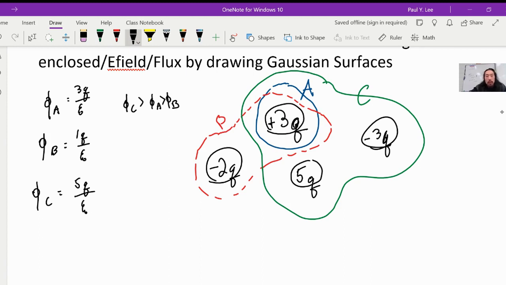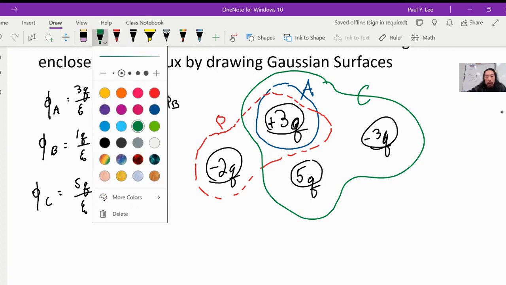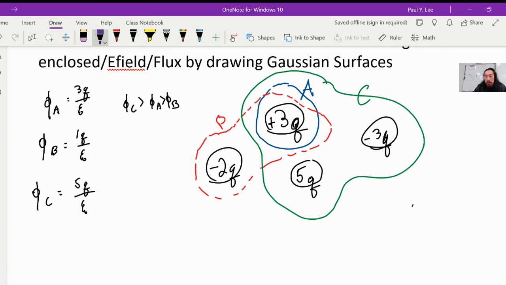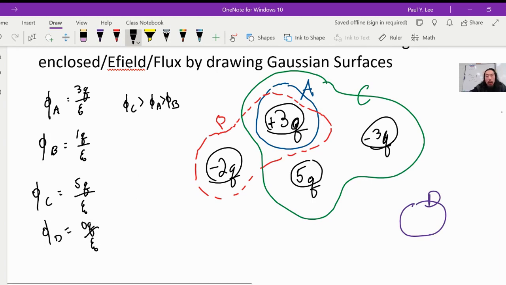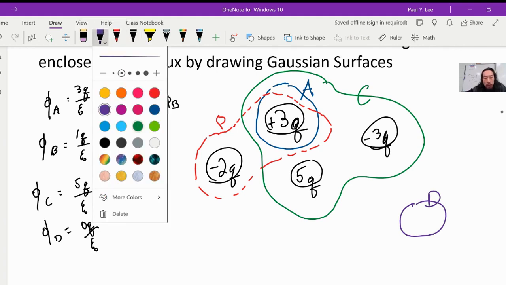And if we were to take a look at, let's just do one more, just to make sure we have this. If we have a Gaussian surface out here, and we were to call this D, we will say that the Gaussian surface from D has no Q or 0Q. That's because it's not enclosing anything. And to hone in on an idea, let's do a galaxy pen one.